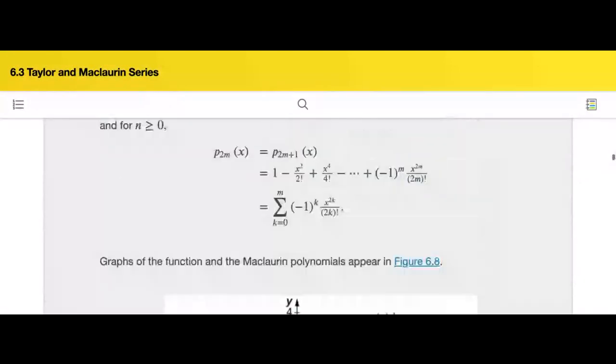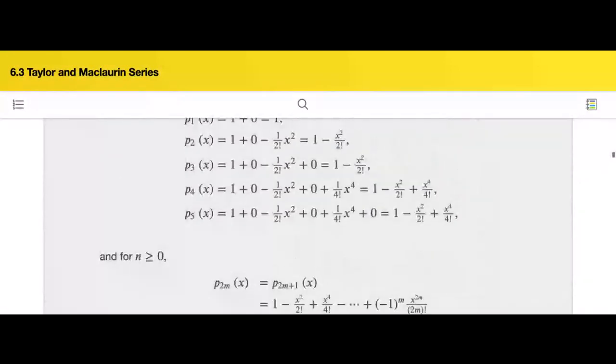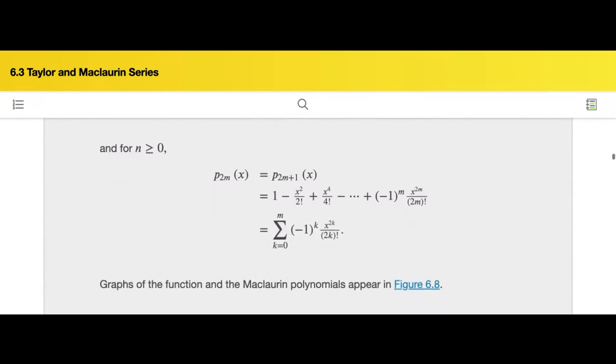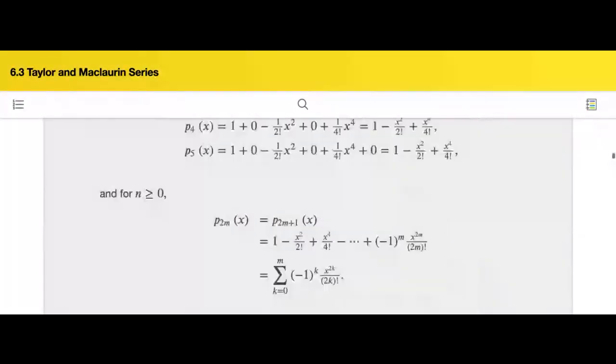All right. Any questions? All right. Nice, huh? e to the x, sine x, cosine x can be represented as polynomial functions.